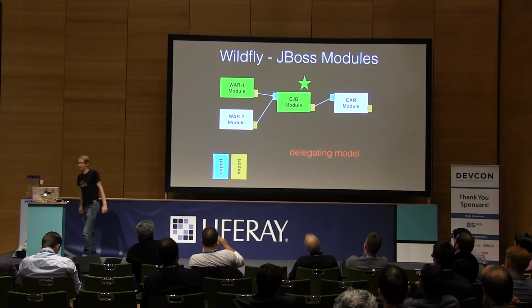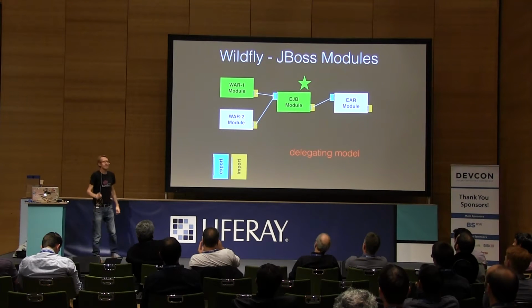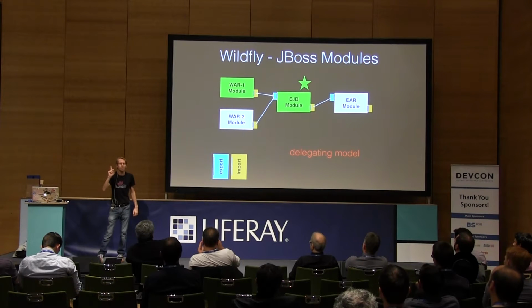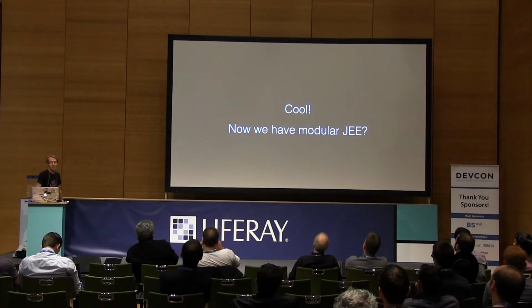But be very careful. You're getting in a big mess if you're using re-export in OSGi. If you think I should use re-export and you're not really sure, don't do it. Don't use re-export.